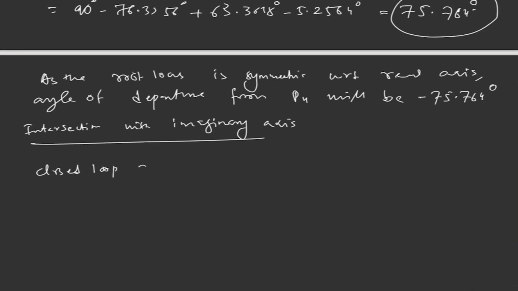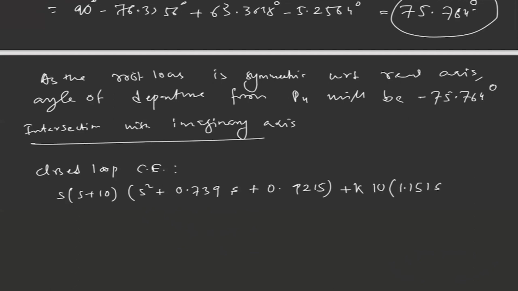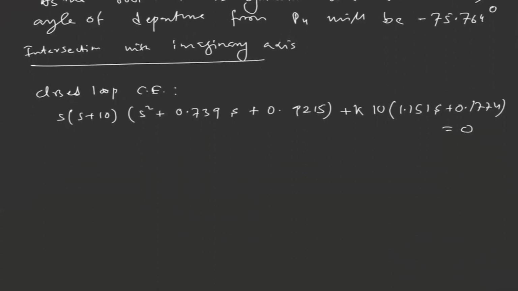Closed loop characteristic equation yields to be S into S plus 10 S squared plus 0.739 S plus 0.9215 plus K 1.151 S plus 0.1774 equal to 0.